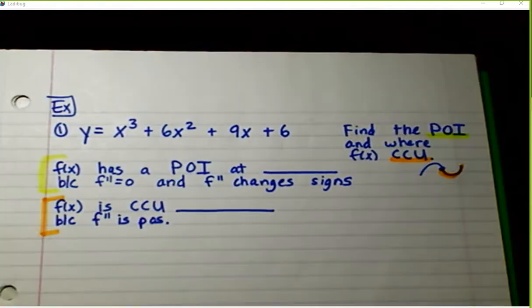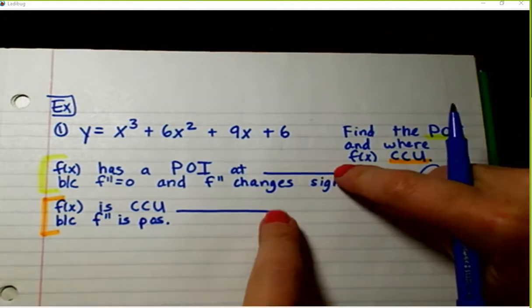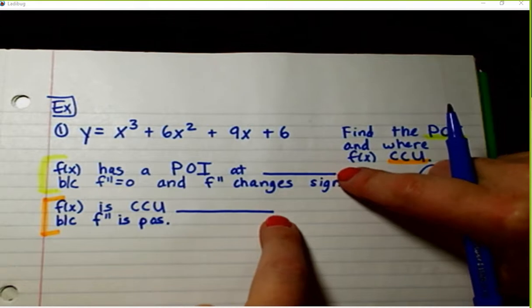Okay. All right, those are my answer sentences. I just have to fill in the blanks. The sentences tell you what work you need to do to figure out what goes in that spot.